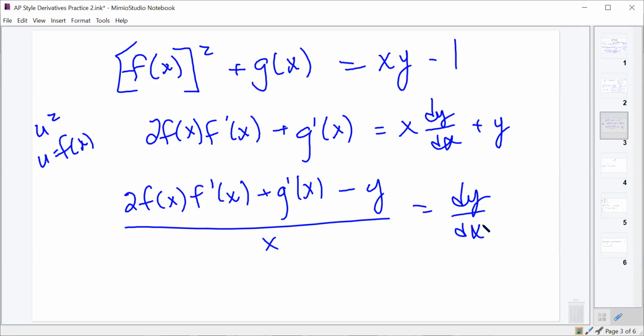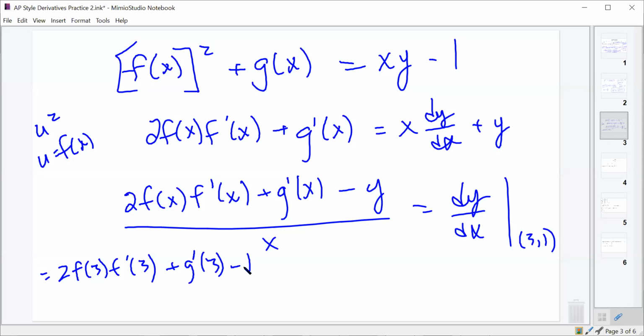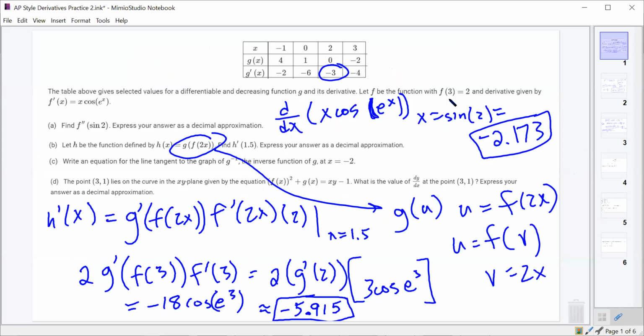All right, and then you got to plug in your point that is given to you, which I believe was 3,1. So if x is 3, this is 2 f of 3, f prime of 3, plus g prime of 3 minus 1, all over 3. And f of 3 was given to us originally in the problem. That's equal to 2.